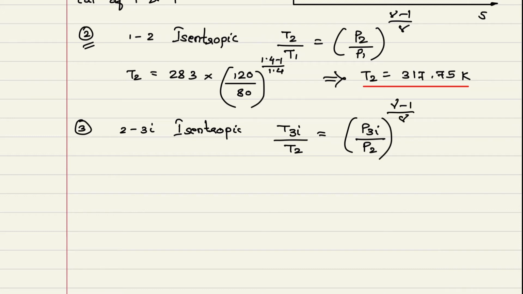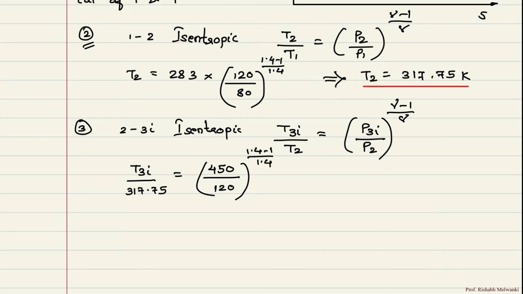So from here we can calculate T3i. T3i upon T2 is equal to P3i, 450, divided by P2, raised to 1.4 minus 1 upon 1.4. T3i is equal to 463.54 Kelvin.